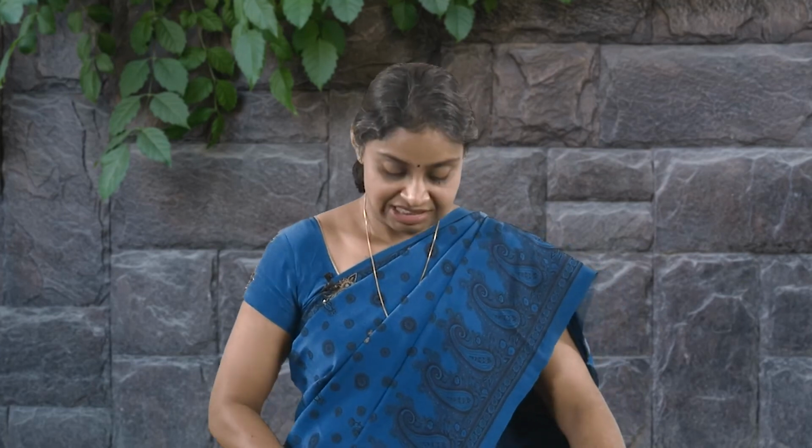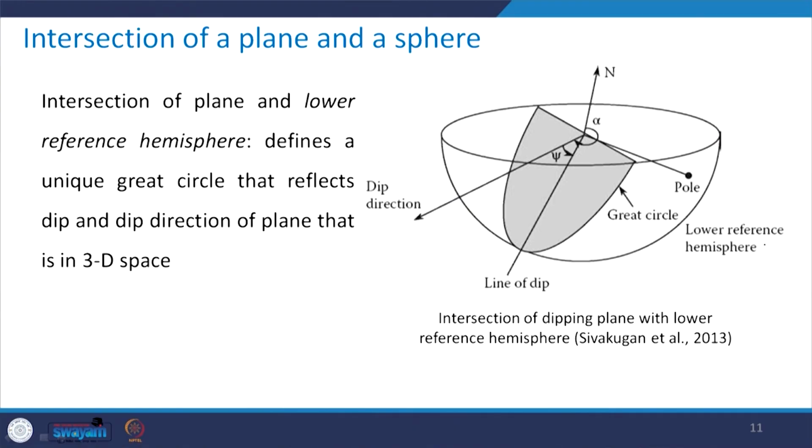In order to avoid that, from now onwards we will take the lower reference hemisphere for representation of all the geological data for simplicity. So, now we have done away with the upper portion of the reference hemisphere. So, we have only the lower reference hemisphere.